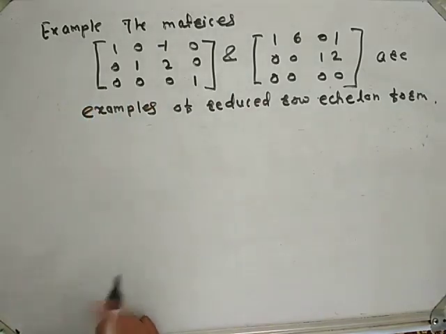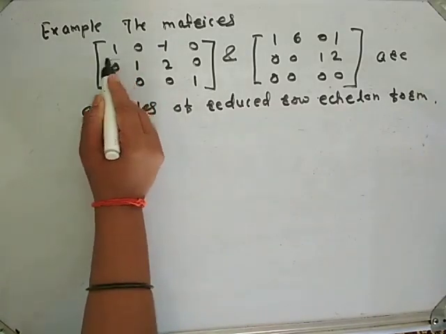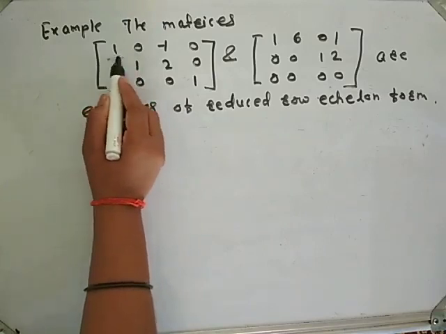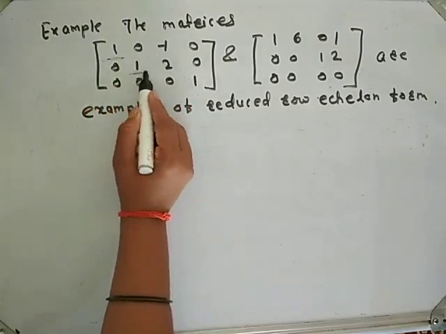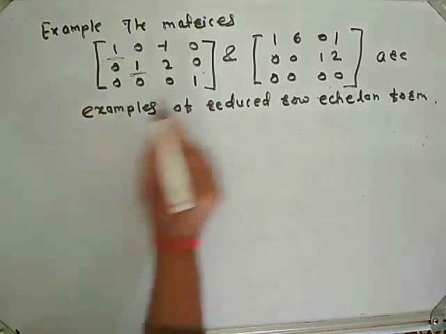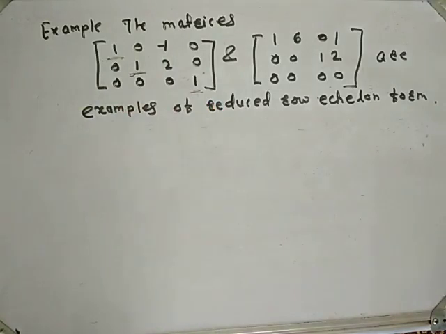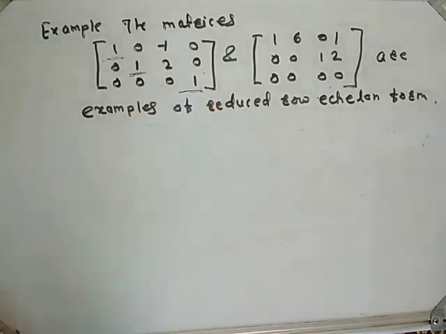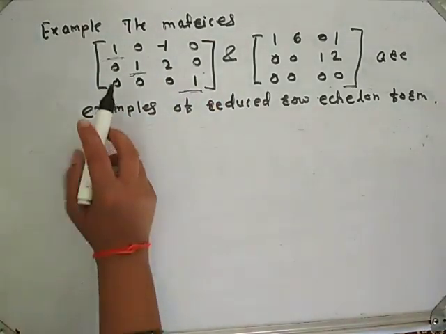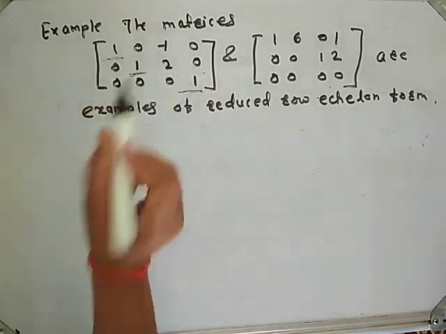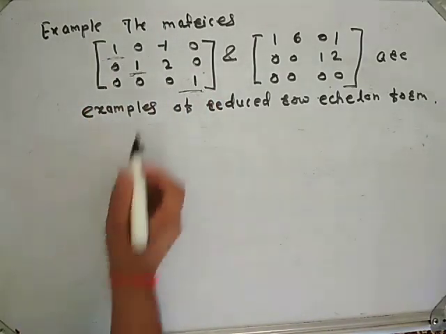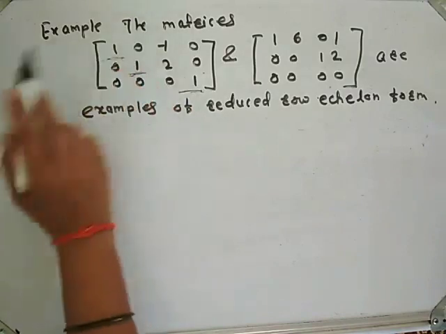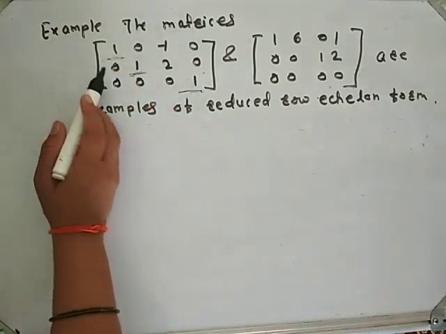See here, for this row, the row has a leading entry because this one is the first non-zero entry in this row. Now this one is the first non-zero entry for the second row, and this one is the first non-zero entry in this row. So each row has a leading one, means the first property is satisfied. Here there is no zero row, so don't think about the second property.